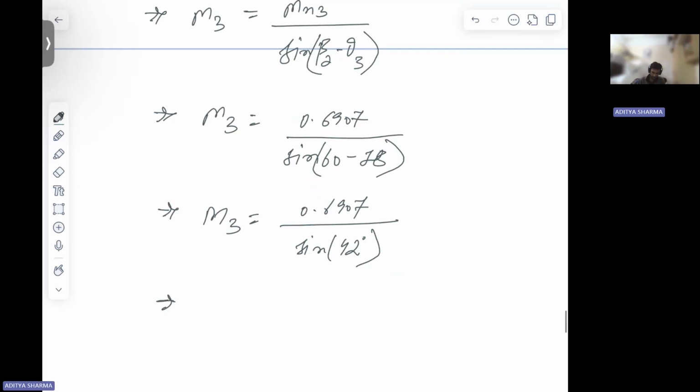Now if you calculate this, your M3 will come out to be 1.0322. Okay.